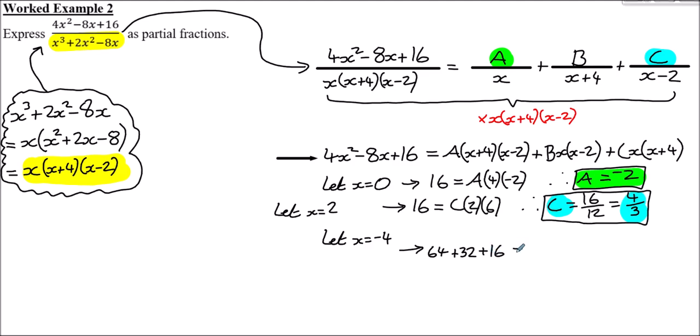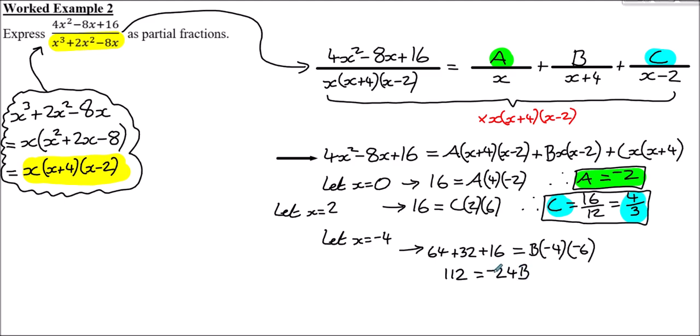And then over on the other side, the a bracket will vanish, but I'll have b times x, which means b times minus 4 times minus 4 minus 2, which is minus 6. So if I simplify this, on this side, 64 plus 32 is 96. 96 plus another 16 is 112. So 112 equals minus 24b.